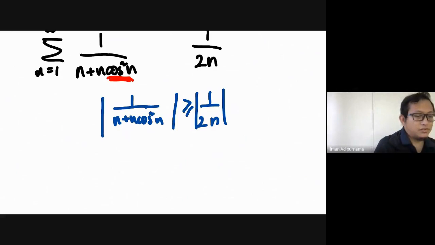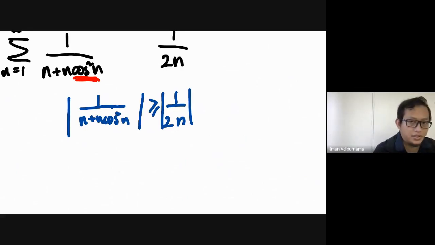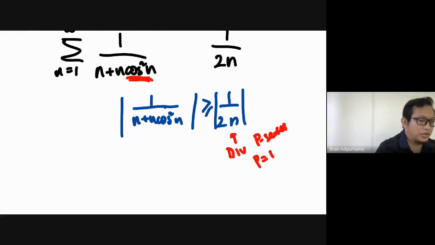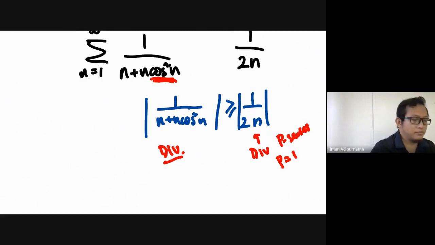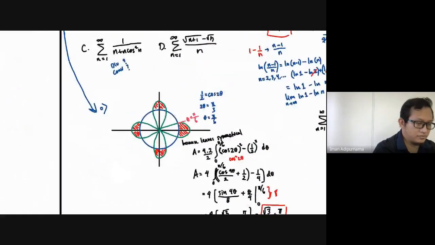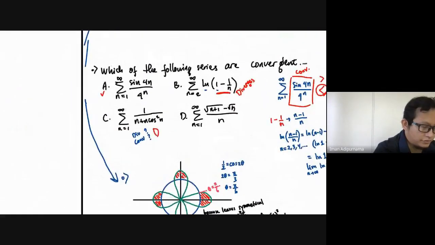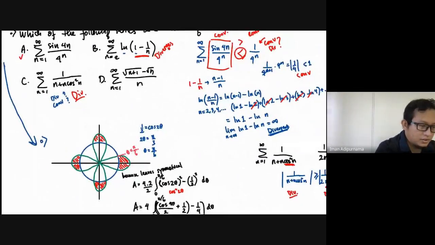Okay, got it? Okay. Now, this 1 over 2n is, of course, diverged, right? With p series, okay? With p equal to 1, so it's diverged, right? So the left one should be diverged, okay? So it's diverged.